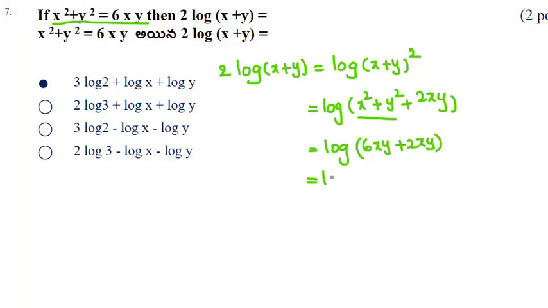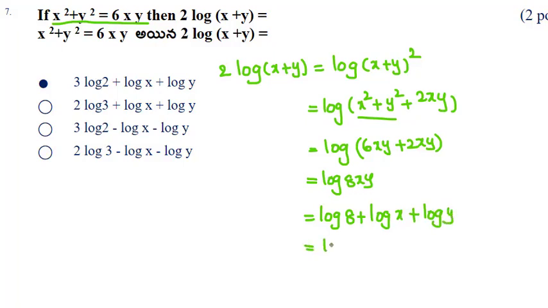So log 8xy. This is as the formula of log xyz, so log x plus log y plus log z. So log 8 plus log x plus log y.